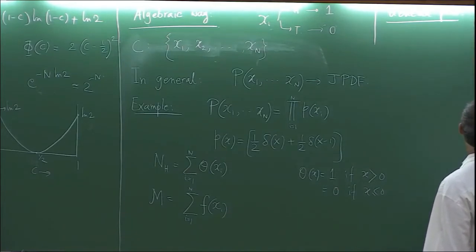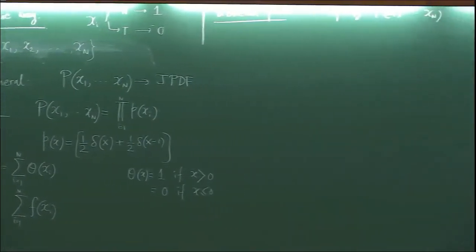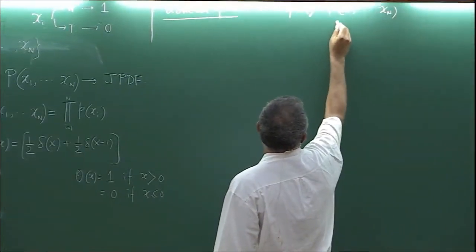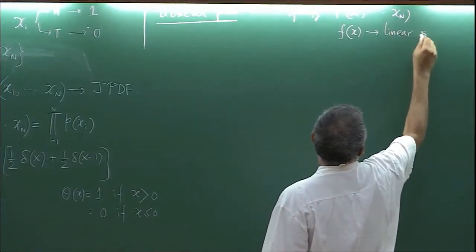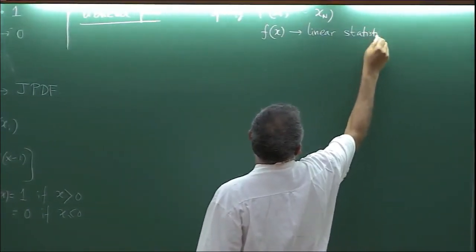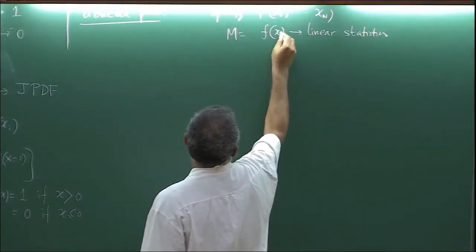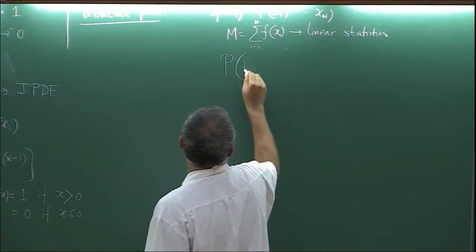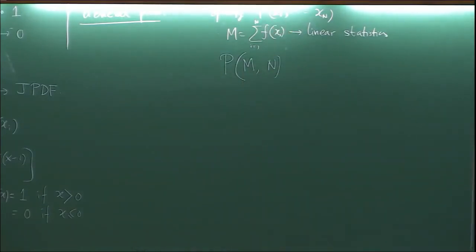The joint distribution need not always factorize; factorizing is only the independent case. So m equals the sum of f of xi, and I want to compute the probability distribution of m given n, f and the joint distribution. That's the general problem.